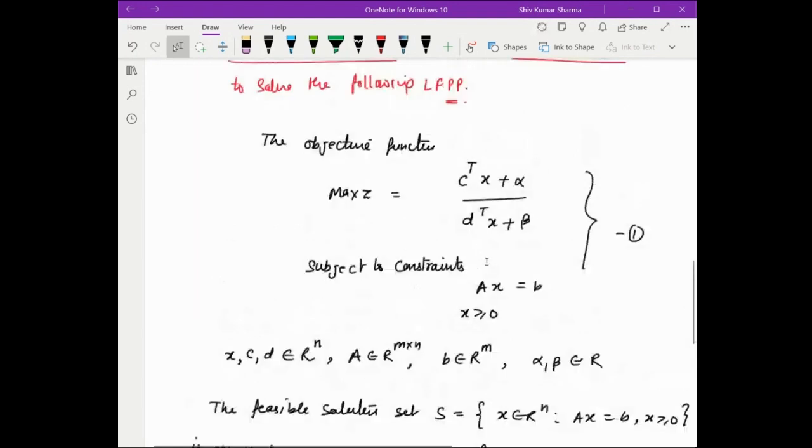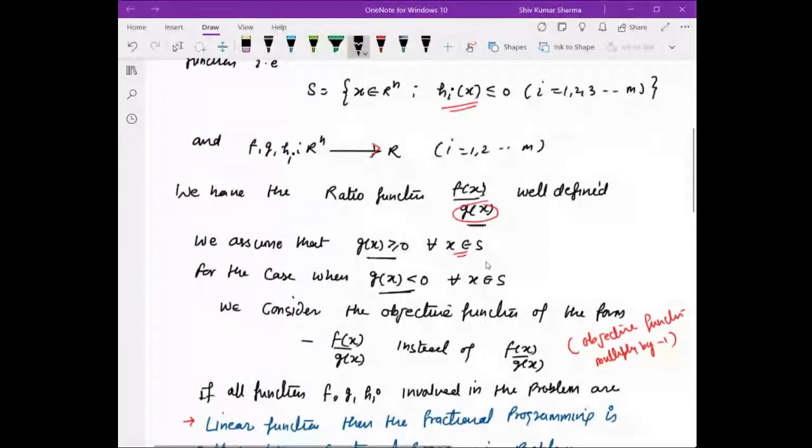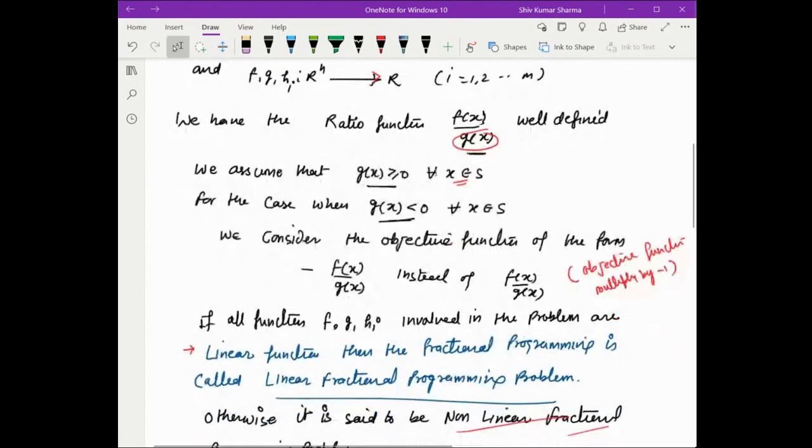So we already discussed here the structure of the linear fractional programming problem or non-linear, which just depends upon f(x), g(x) or h(x). We define f(x) upon g(x) as ratio functions, so g(x) should be greater than or equal to 0.